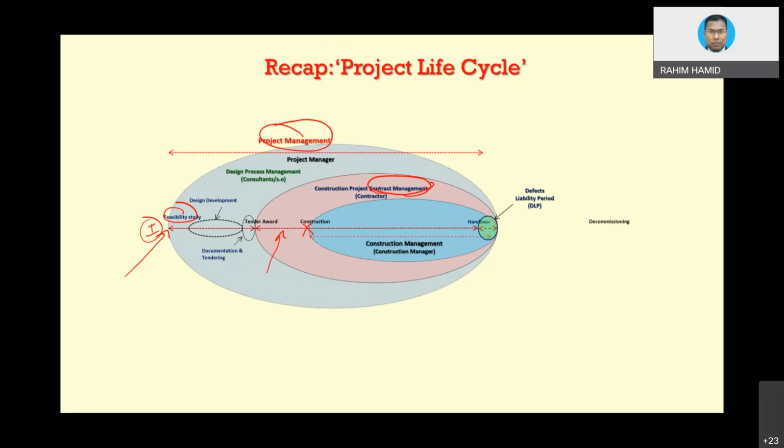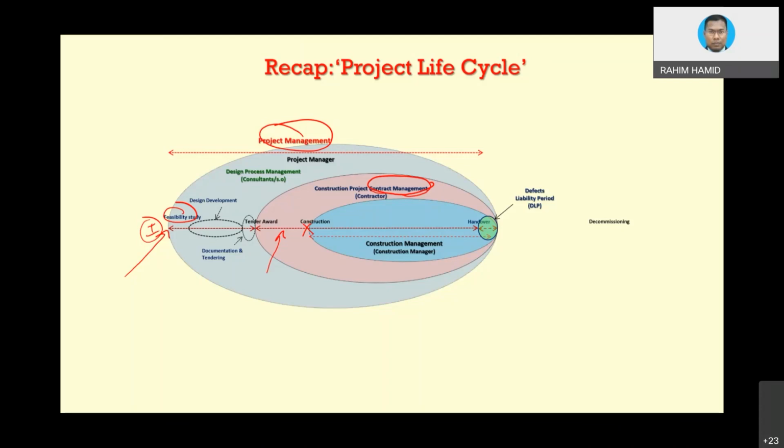Construction management is more specific to the construction work, but they do overlap between construction management and contract management or even project management, because things are quite repetitive in nature anyway. Contract management could be during tendering, during the procurement stage, when you want to decide the form of contract, etc., and the type of payment.